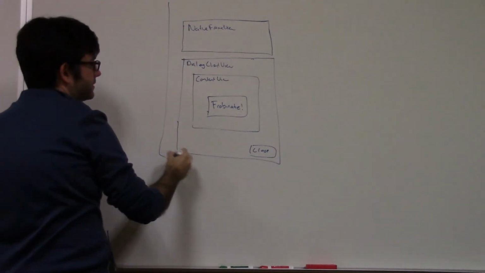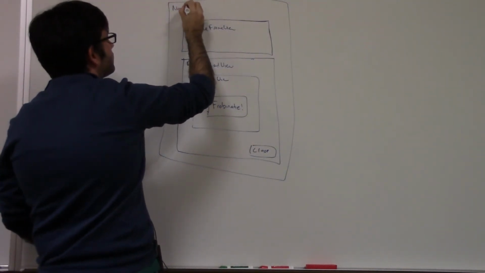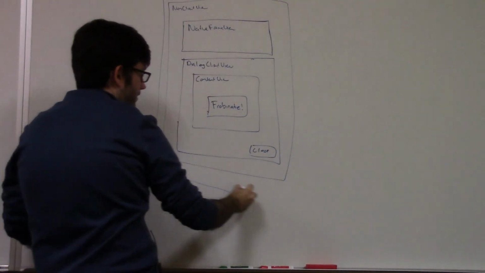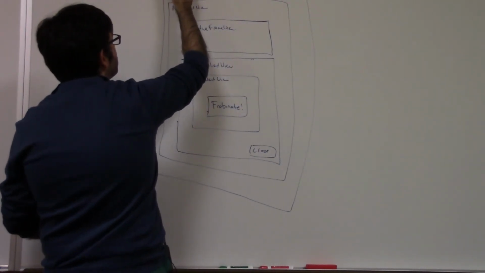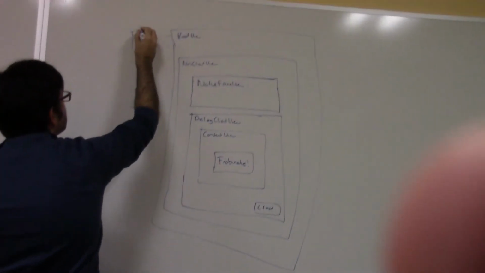And then the parent of these, there is a non-client view. And the parent of these is a root view. And then this is attached to a widget.